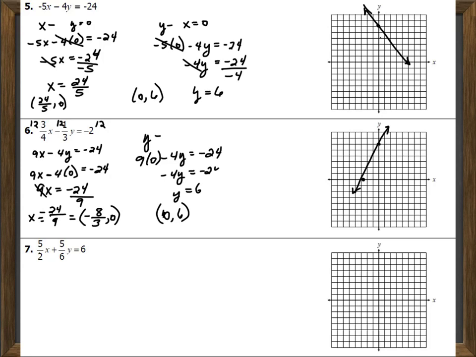And the last one is also a fraction. So we can multiply through by, actually, we can just make a common denominator of 6. So we can multiply through everything by 6. So the 2 will go into 6 3 times. So it'll be 15x. 6's will cancel here, plus 5y equals 36.